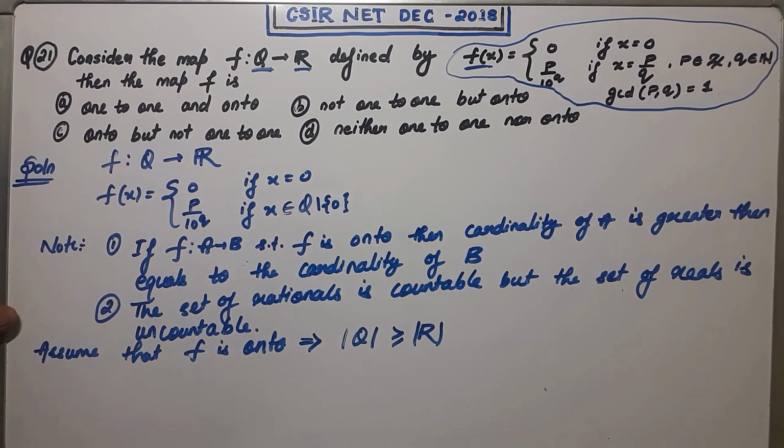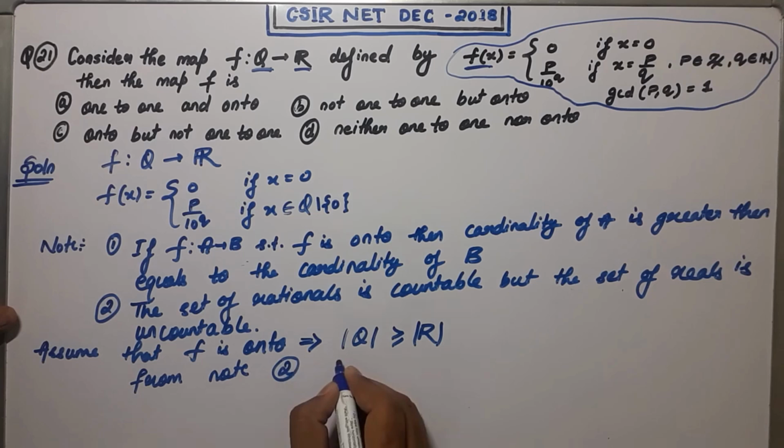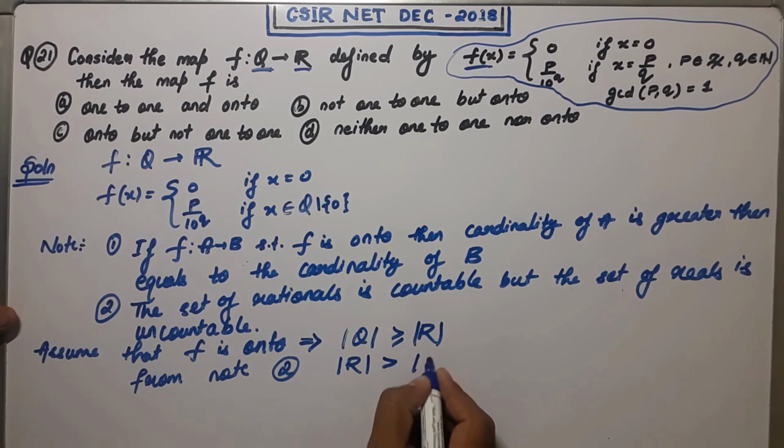Now from note number 2 you see that rationals are countable and the set of reals is uncountable. That means the set of reals has greater cardinality than the set of rationals. So from note 2 you are getting that the cardinality of R is greater than the cardinality of Q. It is strictly greater because R is uncountable and Q is countable.